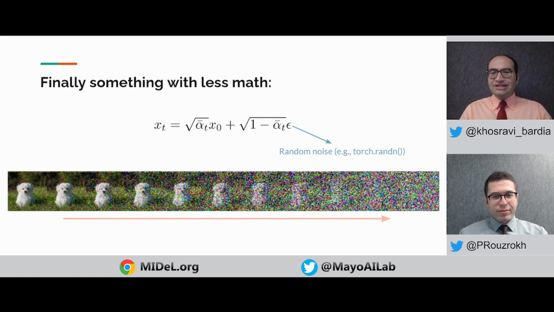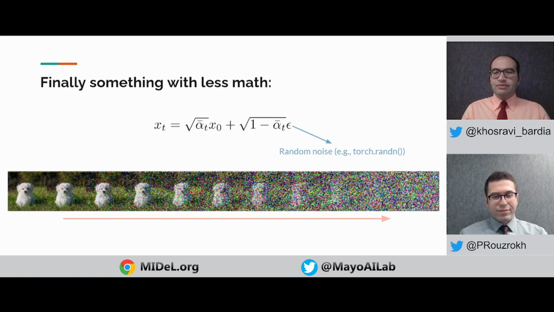And so this is the less math version of that equation. If you want to get the noisy image at step t, you just have to multiply the image by the square root of alpha hat, which can be calculated as on the previous slide, and then add epsilon, and the epsilon would be the noise, which is gotten by torch.randn, a random noise.